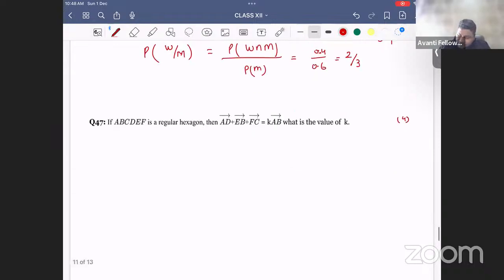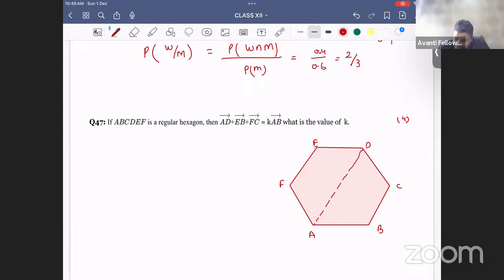ABCDEF is a regular hexagon. They are asking AD plus BE or FC in terms of AB.